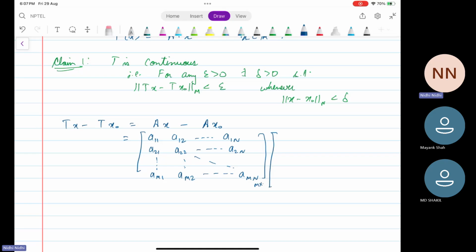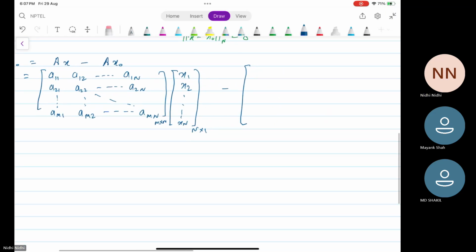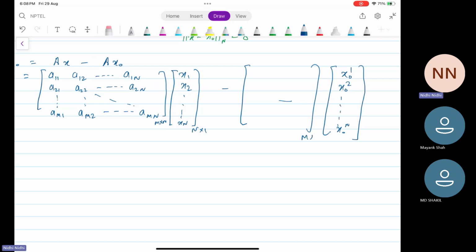This is m cross n. This will be multiplied by the vector x1, x2, up to xn, which is n cross 1, minus the same matrix times the vector x naught 1, x naught 2, up to x naught n, which is n cross 1.